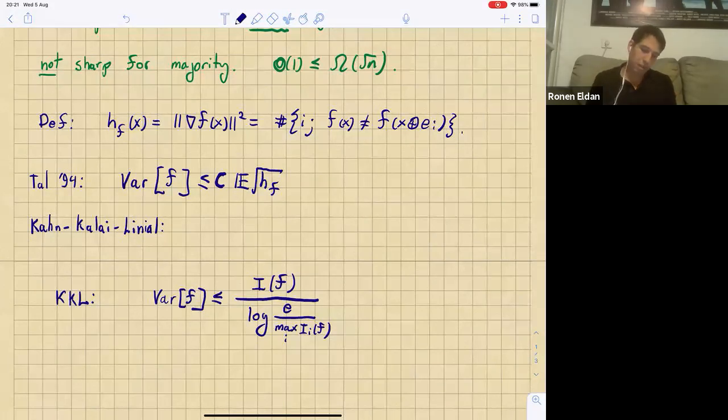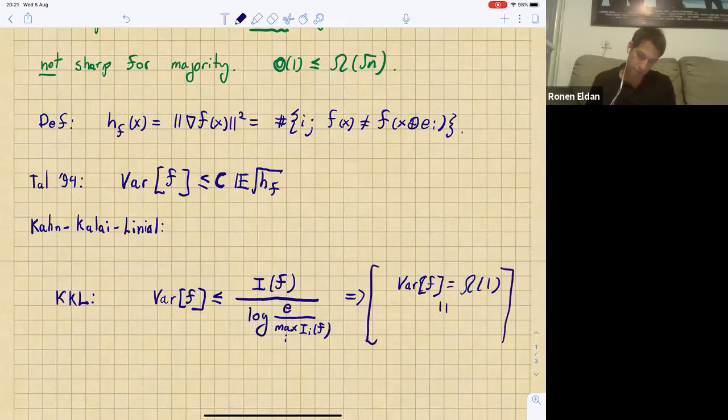And it's not very hard to see that this implies, for example, that if the variance of f is omega of 1, then there is a coordinate such that its influence is at least not 1 over n, but log n over n.